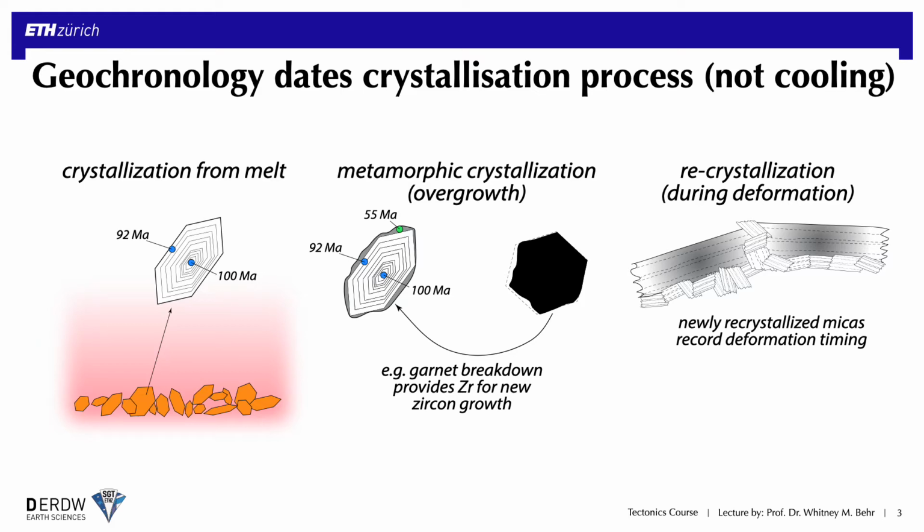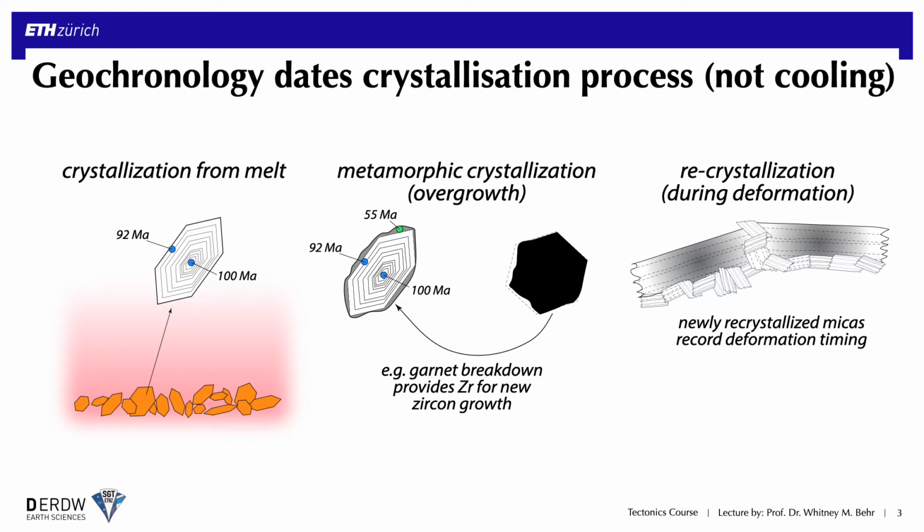The cartoon in the center is showing a zircon grain with an igneous core that then has a more cloudy metamorphic overgrowth formed when the rock was reheated and when new zirconium was provided to grow new zircon. A common source for this zirconium is the breakdown of garnet, for example.